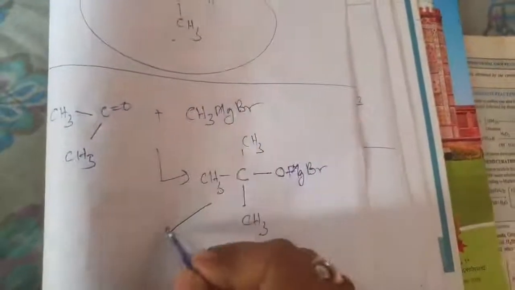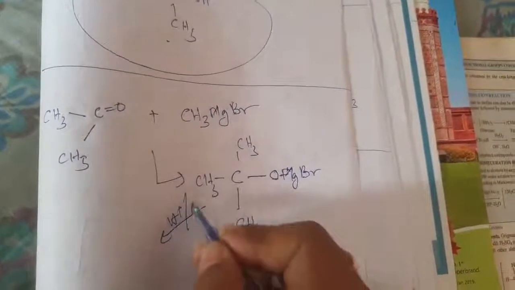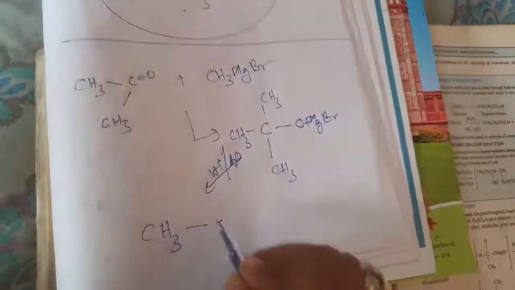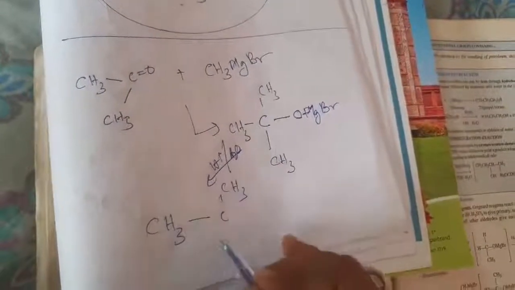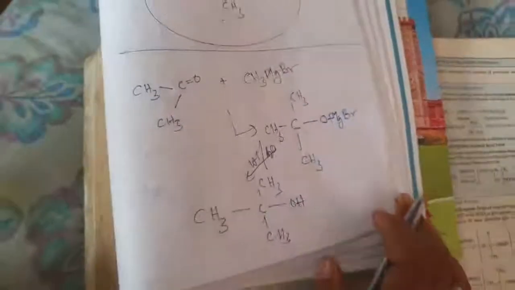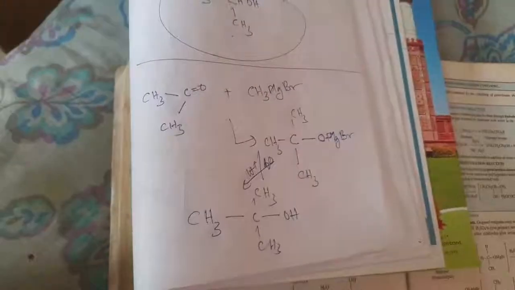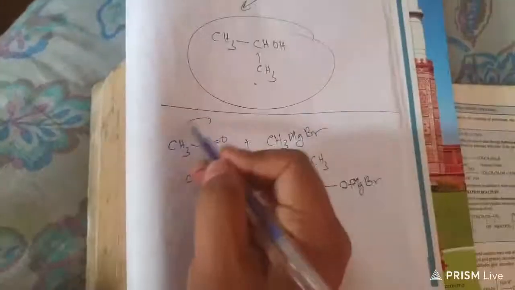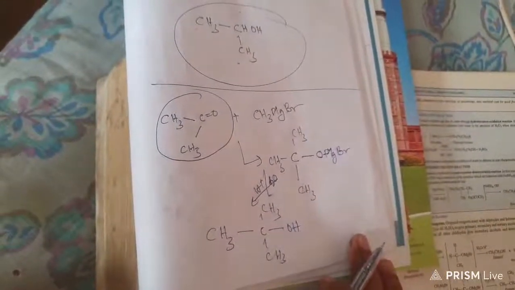Now treat it with acid in the presence of H2O, and you will get C(CH3)2 CH3 OH. This is a tertiary alcohol. Now you can see that if you use a ketone, you will always get a tertiary alcohol.